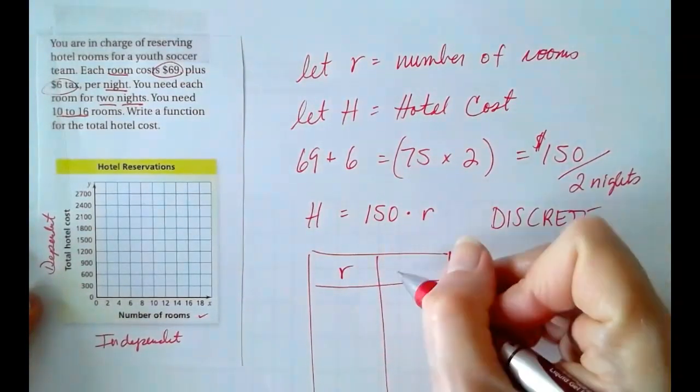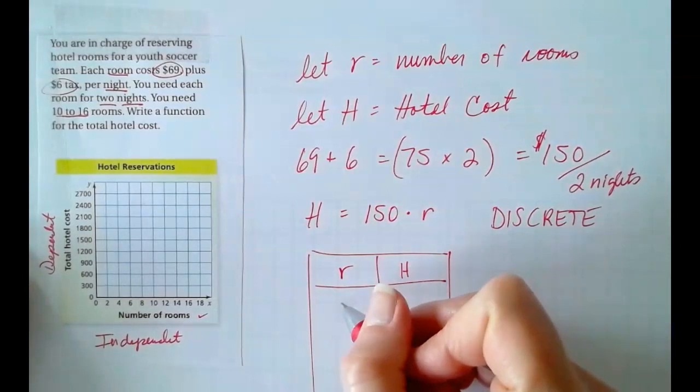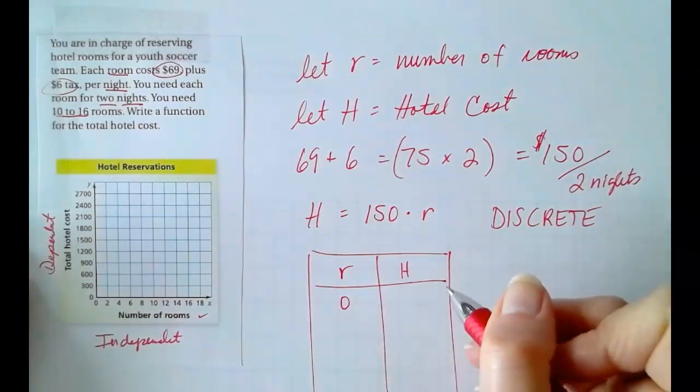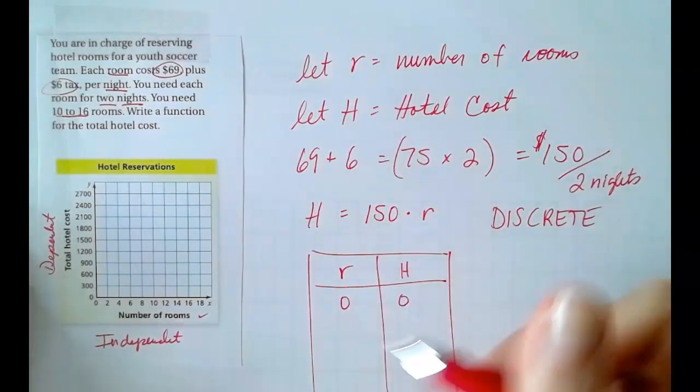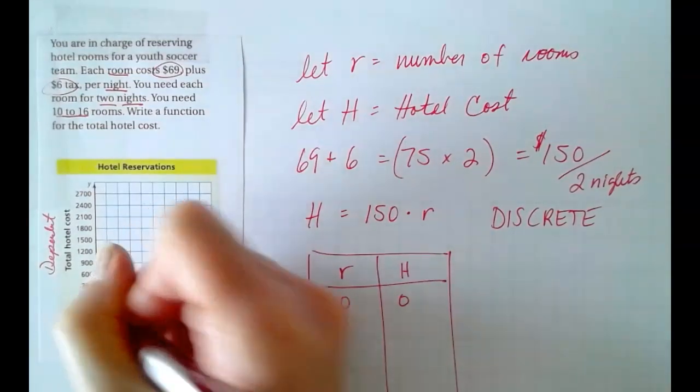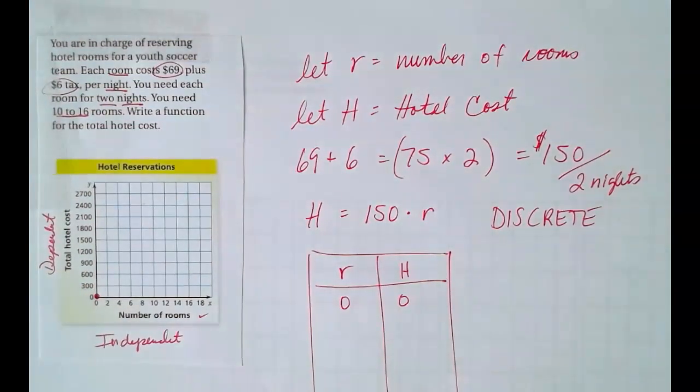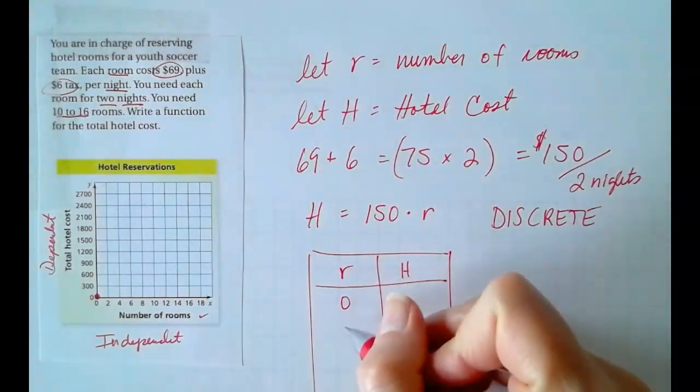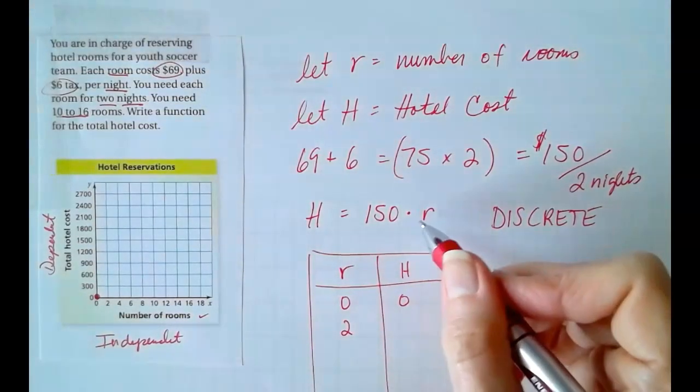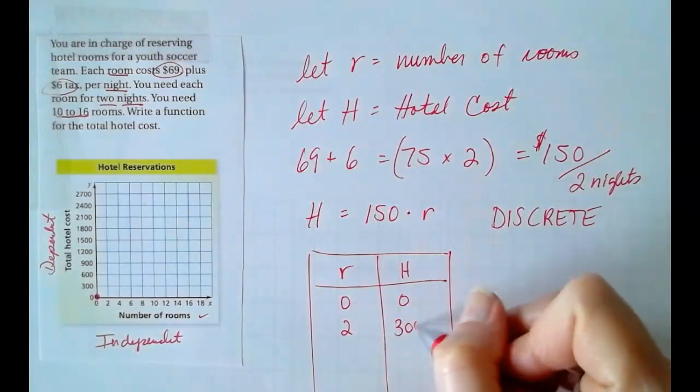R is our number of rooms, H is our cost. Obviously, if we get 0 rooms, the hotel cost is 0. So 0, 0. We get 0 rooms, it costs $0. If we get 2 rooms, 2 times 150 is 300.